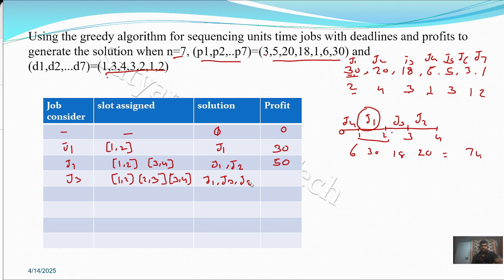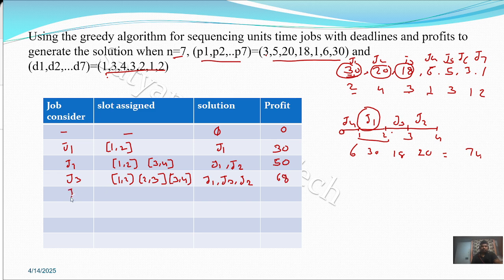Then you can get the profit: J1 profit is 30, J3 profit is 18, J2 is 20, so that is 68.